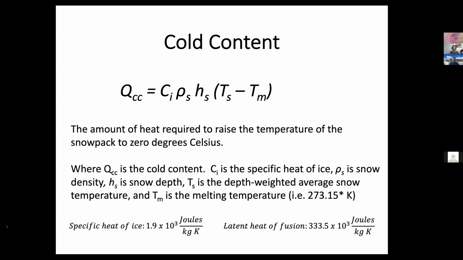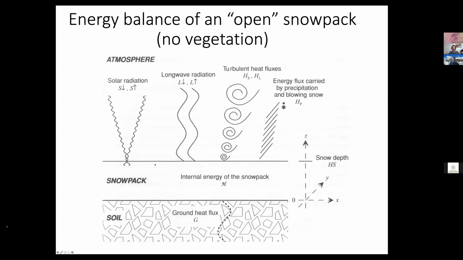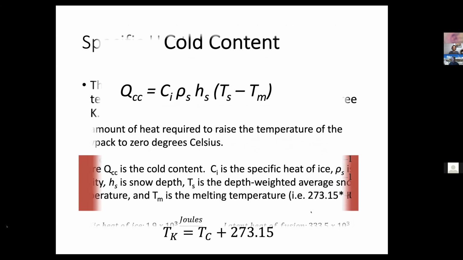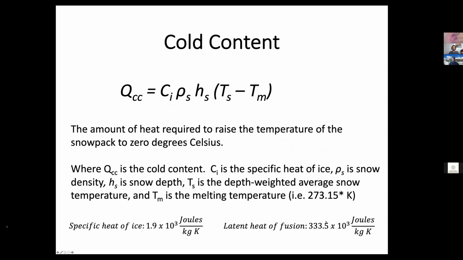And then the second thing you need is the energy that changes the phase of the water from ice to water. That phase change energy to go from frozen water, that's the snow, to liquid water, that's the latent heat of fusion. So it depends on how cold the snowpack is, but those are the 2 main components of energy.